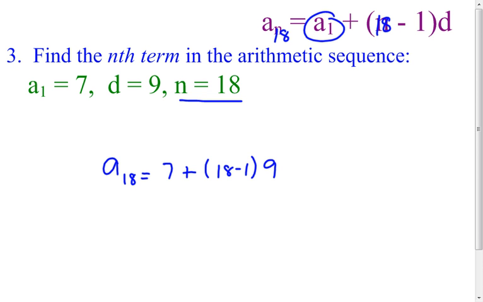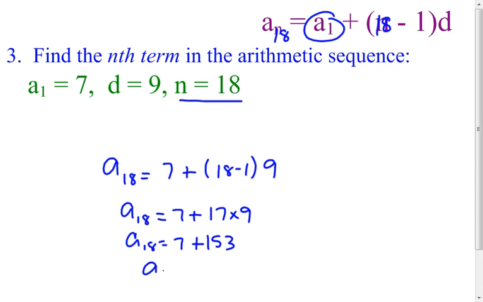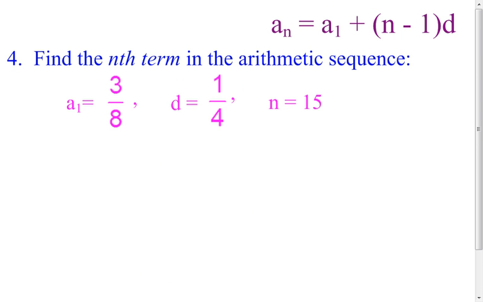Okay, so the 18th term on the list is 7 plus 17 times 9. Make sure you do what's in parentheses first. And that becomes 7 plus 153, which becomes 160. So the 18th number on the list is 160 in this case. That's what that means.